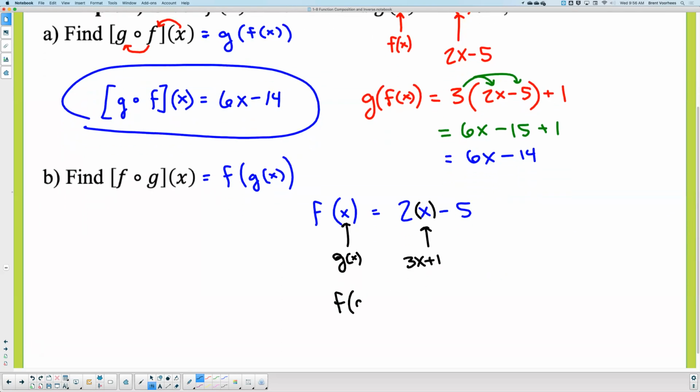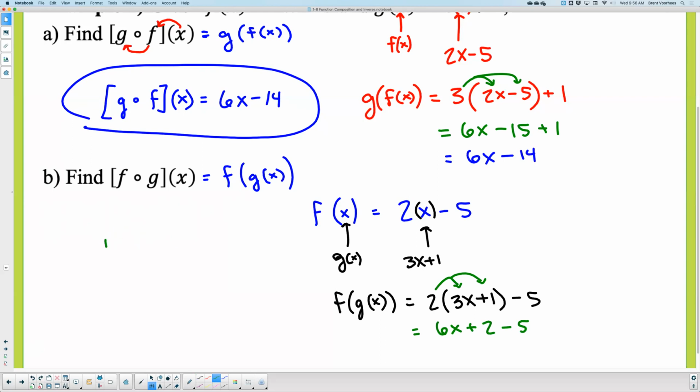So f of g of x will equal 2 times 3x plus 1 minus 5. Let's distribute here. What's 2 times 3x? 6x plus 2, and then we will minus 5.